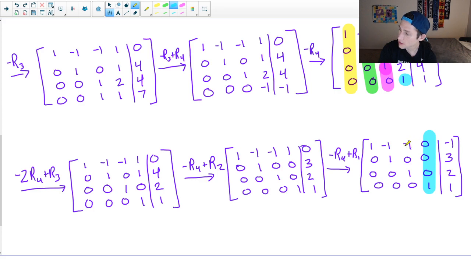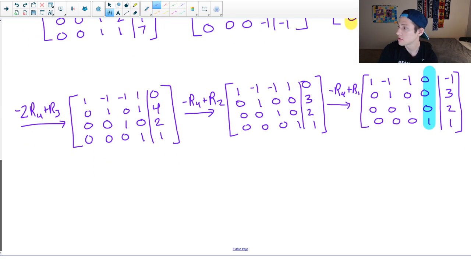So let's make a 0 here. What added to negative 1 makes 0? Positive 1. Well, we already have a positive 1, so I don't even need to multiply by any coefficient of any kind. I can just do row 3 plus row 1. Don't need to multiply this by anything because 1 plus negative 1 would already make 0.